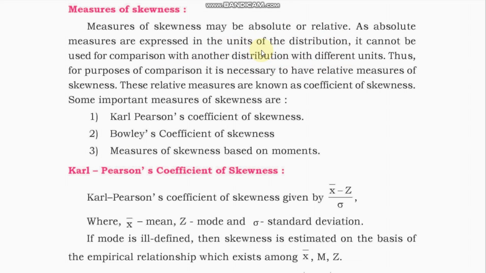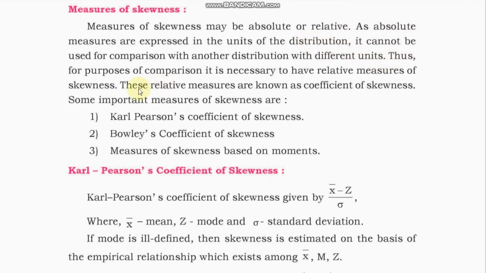For example, kilograms, or height in terms of centimeters, or weight in terms of kgs, pounds. If it's a distance, then it will be in terms of meters or kilometers, etc. If the data has units and the result is expressed in those units, then such a measure is called an absolute measure of skewness.